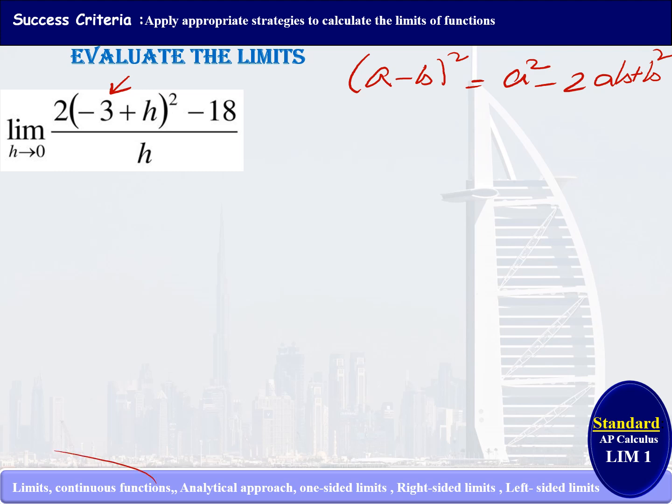I can write this minus 3 plus h as h minus 3. So wherever I have the a, I will replace it by the h. So in place of a, I will write h. In place of this a, I will write h. The rest I will write as it is.